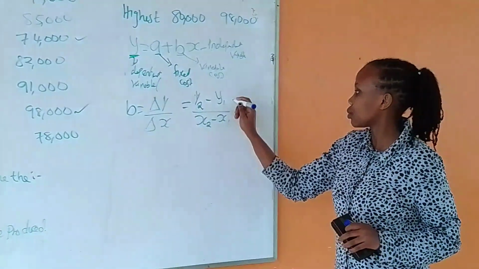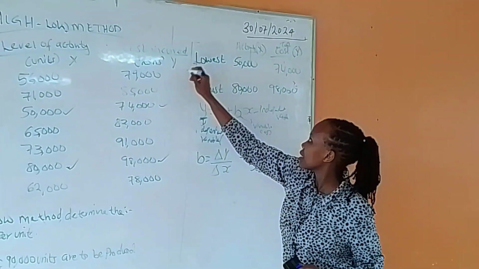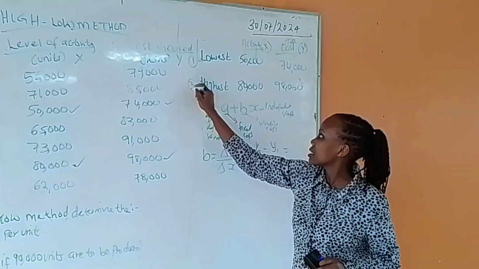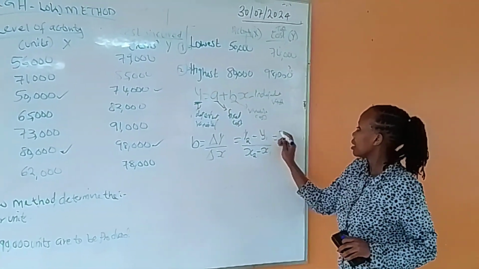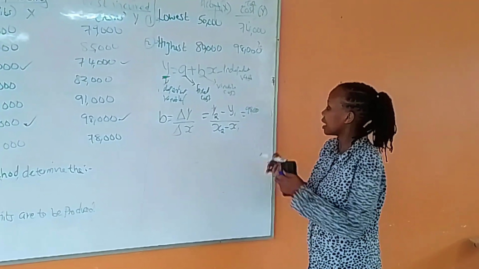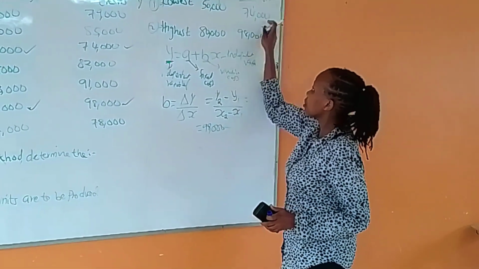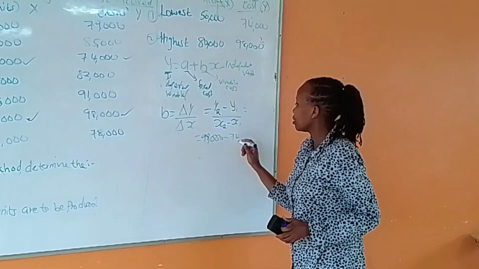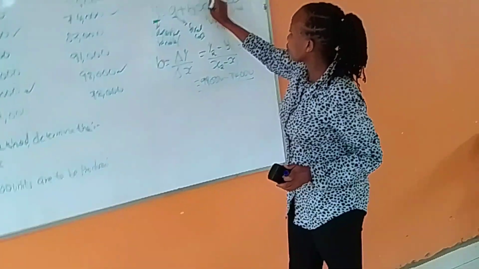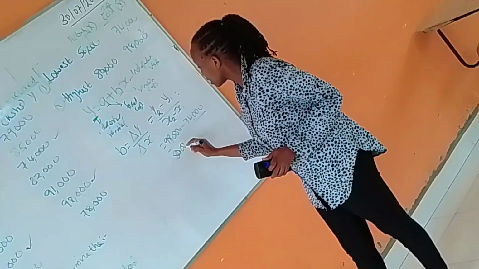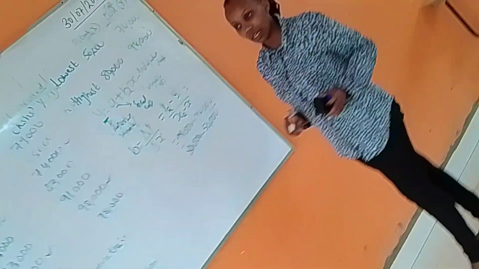We take the lowest values as the 1s and the highest as the 2s. So y2 is 98,000 minus y1, which is 74,000, divided by x2, which is 80,000, minus x1, which is 50,000.